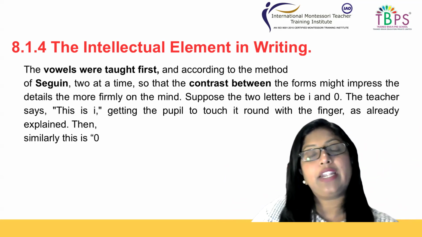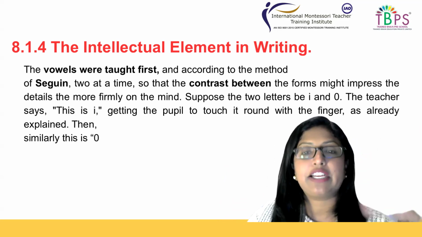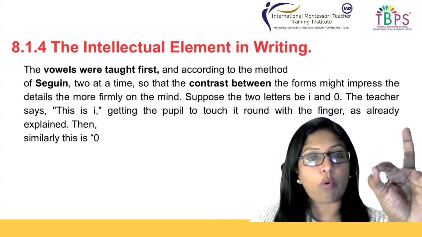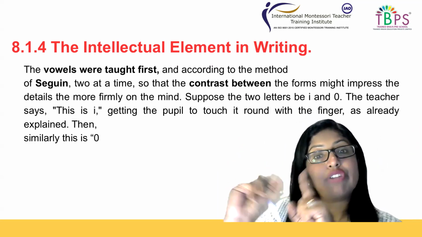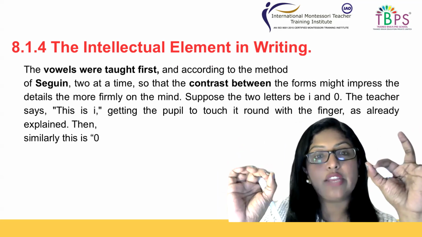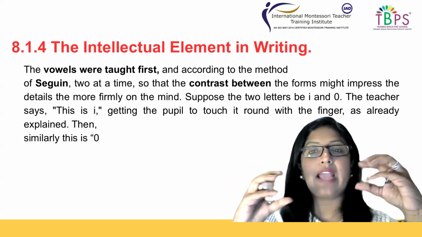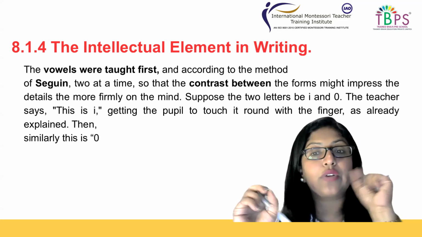You only talk about A, E, I, O, U because vowels are slightly difficult for the child to remember. Whenever you're doing O, you would also teach zero, because a child should understand that O and zero, even though they might have the slightest changes in appearance, are not the same, right? So you are going to give them the differences.